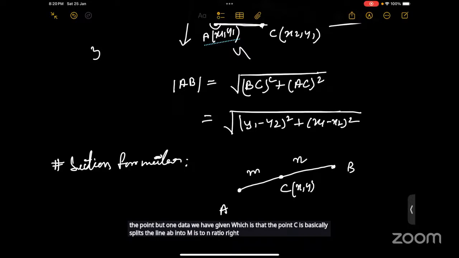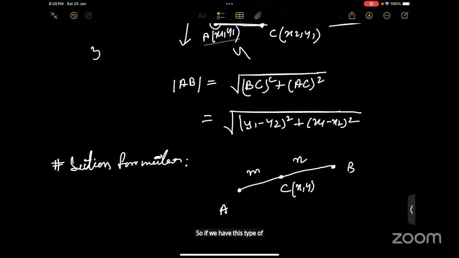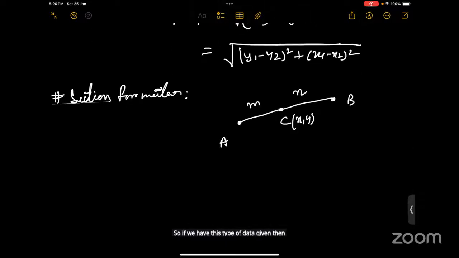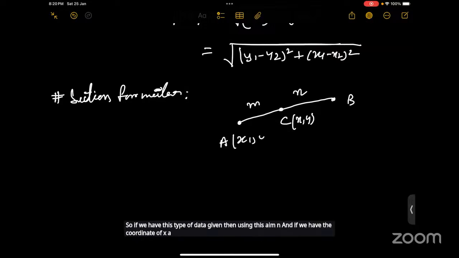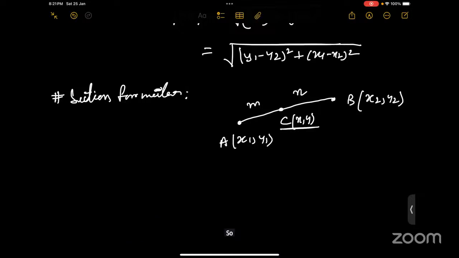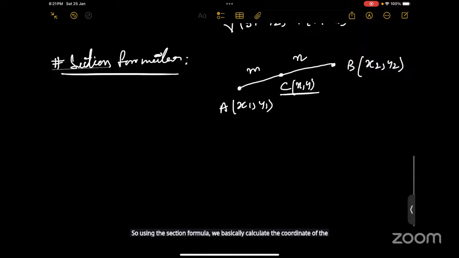So if we have this data given, and the coordinate of A as x1 y1 and the coordinate of B as x2 y2, then we can calculate the coordinate of the point C, right? So using the section formula, we calculate the coordinate of the point C.